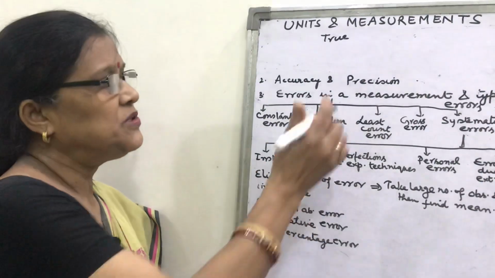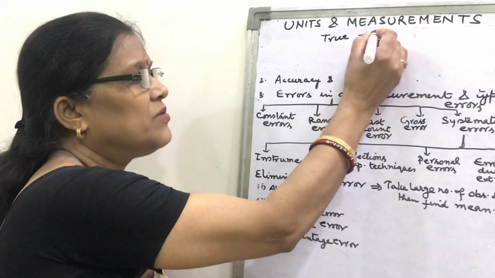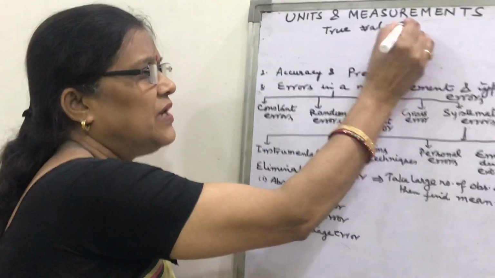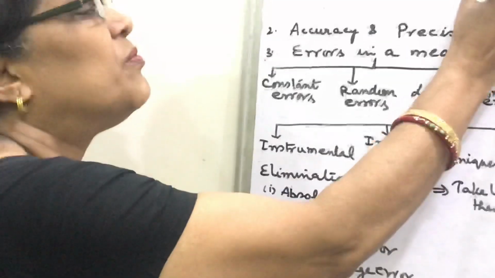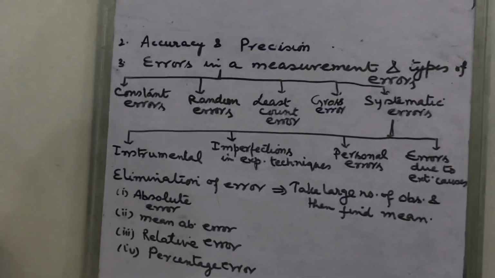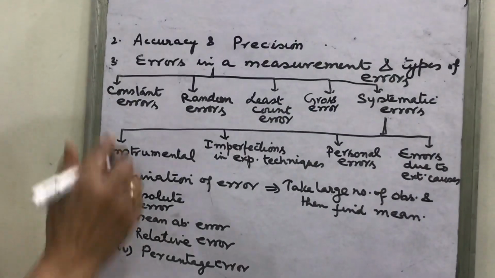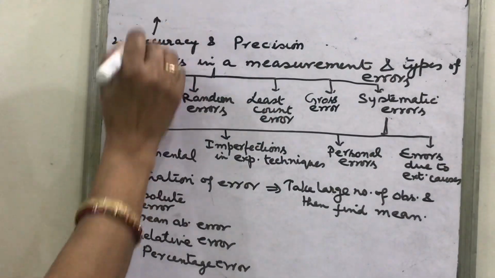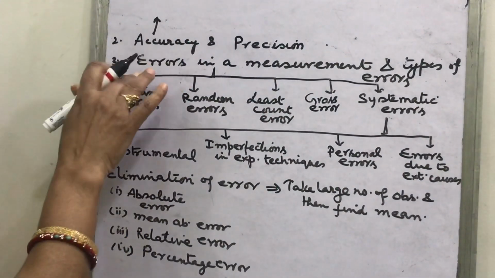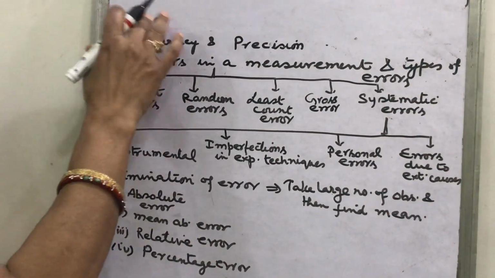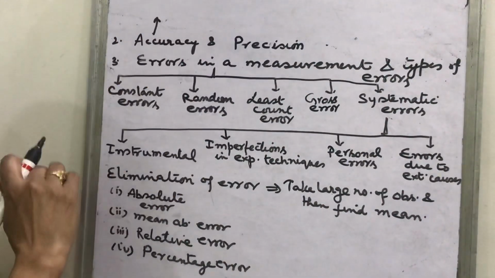Look, suppose the true value of any measurement, suppose of length, is 4.678 meter. This is the true value. Now look, what is accuracy? Accuracy means how close the measurement is to the true value, the closeness of a measurement result to the true value.